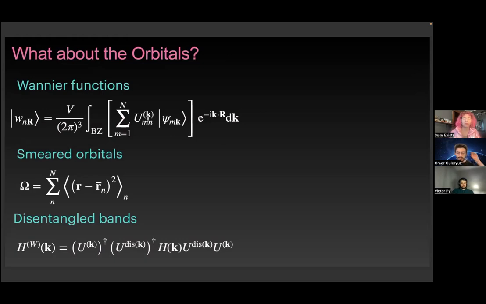So we have some errors in this transformation, and it's also a numerical calculation. So our aim is to reduce the spreading of these Wannier functions in the real space basis, because we want our functions localized. If they are spread out, they are not what we wanted.